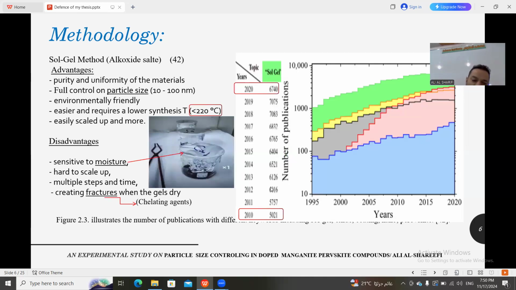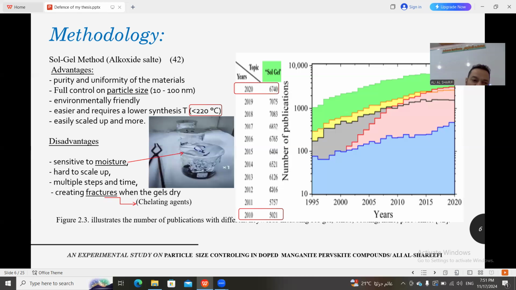Okay, now let me talk a little bit about the sol-gel method. It's a chemical method. We have 3 kinds of sol-gel: alkoxide, salt, and others. I focused on the alkoxide, sorry, salt route. Let me say why I selected it, because it has many advantages: pure uniformity, full control of the particle size from 10 to 100 nanometers, which is a huge increase. It's environmentally friendly, not totally non-toxic, and we must be careful when using this method.